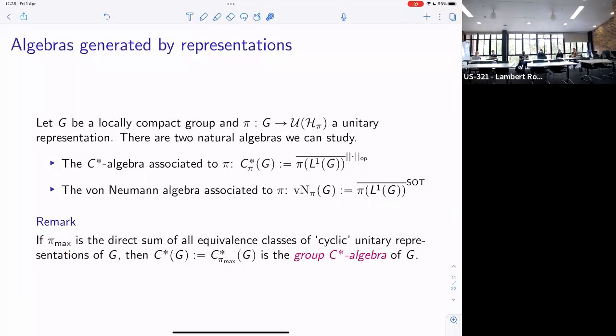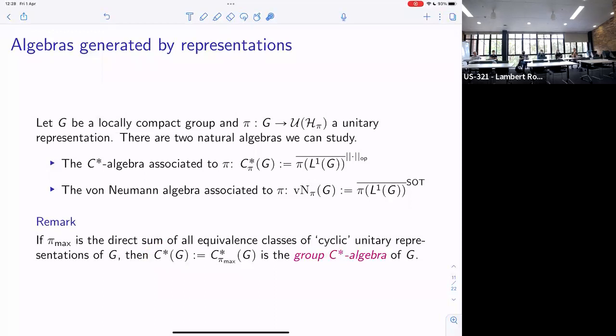So the C-star algebra corresponding to this representation pi max, in some sense contains all information about the unitary representation theory about group G. And we call this algebra the group C-star algebra of group G and denote it like this.